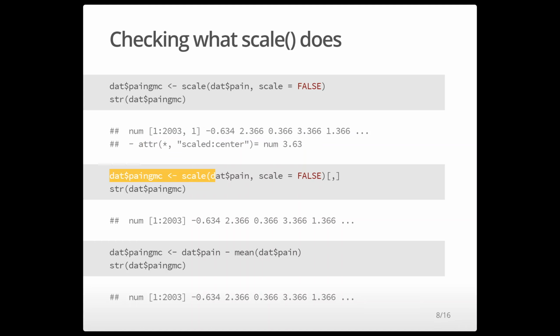So then if I scale it with the square brackets here, we note that it doesn't retain this extra dimension, and so instead of being 1 to 2003, comma 1, it's just 1 to 2003, and the attribute's no longer there. It does the same thing here, where I just subtract the mean of pain from pain. It gives the same result as this, but this is probably a little bit more flexible if you want to do more than one variable at a time.